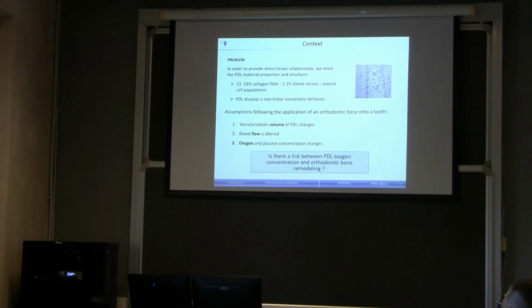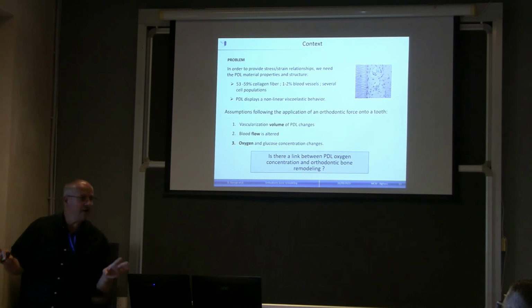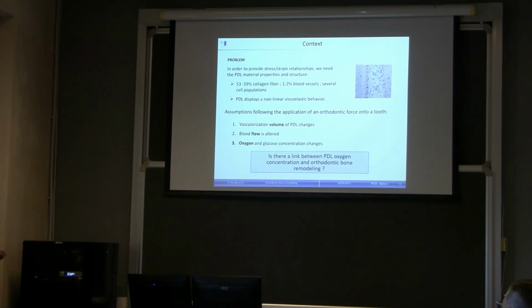So we made some assumptions that the vascularization is distributed in volume in a homogeneous way inside the PDL. When we apply some mechanical force, we have deformation, and this deformation leads to a blood flow variation inside the vascularization. And then when we have blood flow variation, we have also some oxygen and glucose concentration changes.